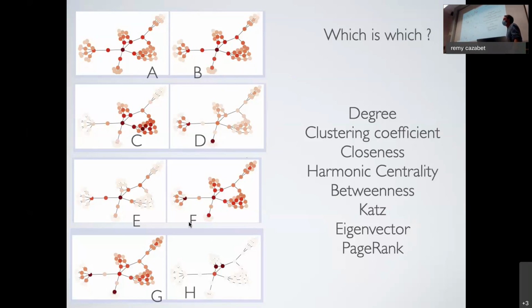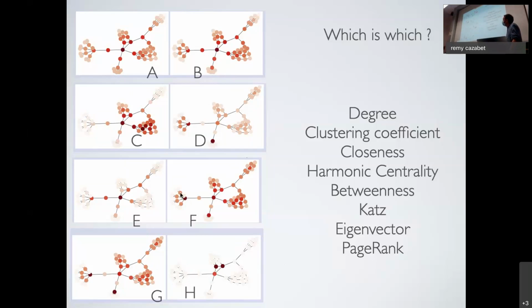What about this one? It's kind of special because the nodes that are important, the high degree ones, seem to have very low values. So I will say not betweenness because, for instance, this node seems to be important.